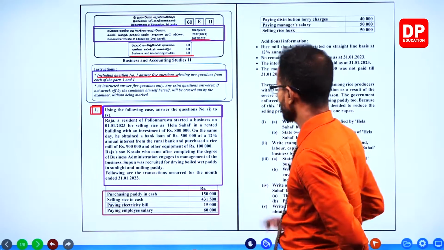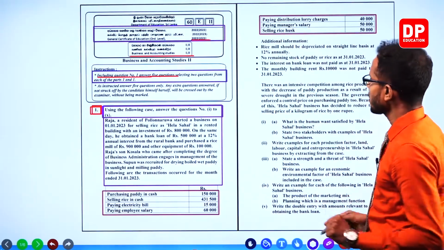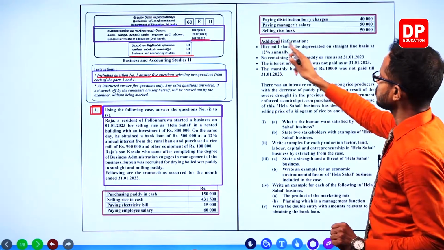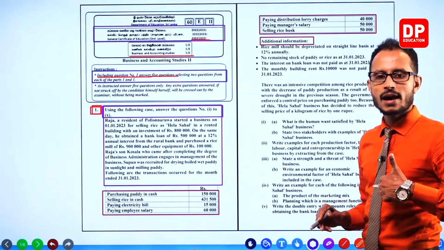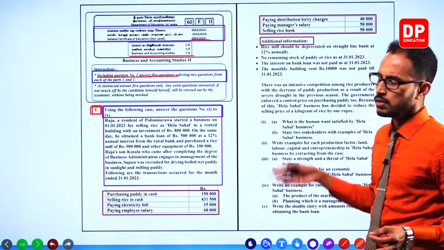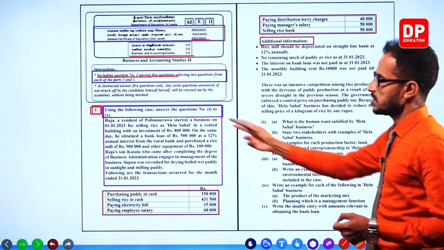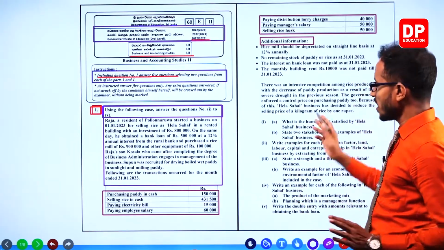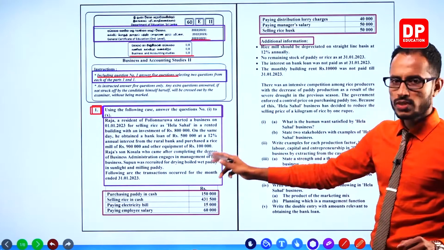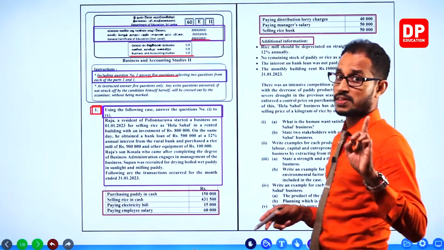You go through the transactions really quickly, and the additional information too. Now you know the case, so you go and read the questions. Number 1: what is the human want satisfied by Hela Sahal business? That is Mr. Raja's business. Likewise, you go through the case, then you get to the question. That is the first method.